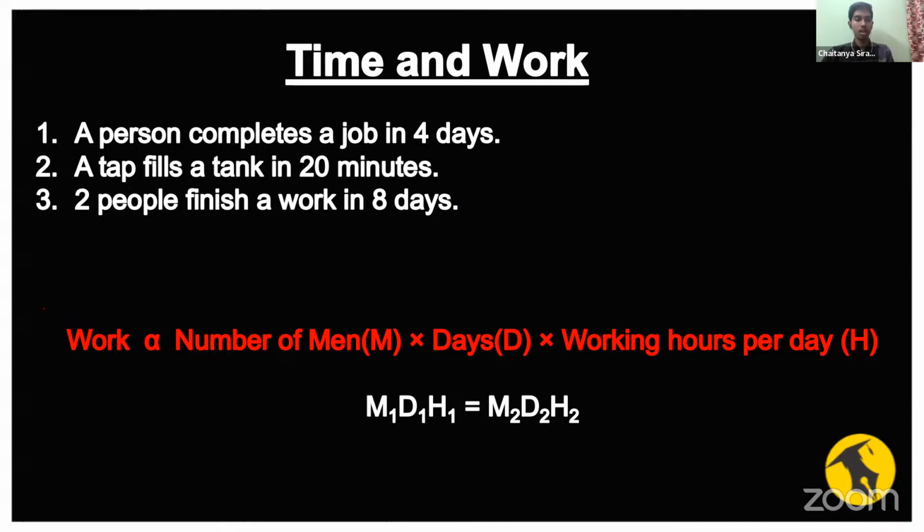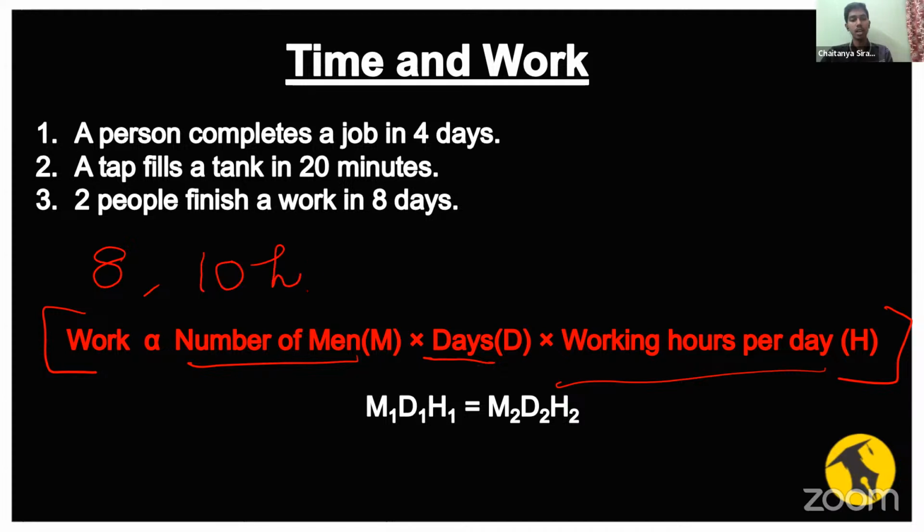One more correlation or relationship which you should remember is work is directly proportional to number of men, working days and working hours per day. We will be solving very dedicated questions on these, where you will be given that, let's say, 8 people who work 10 hours each day complete their work in 15 days.